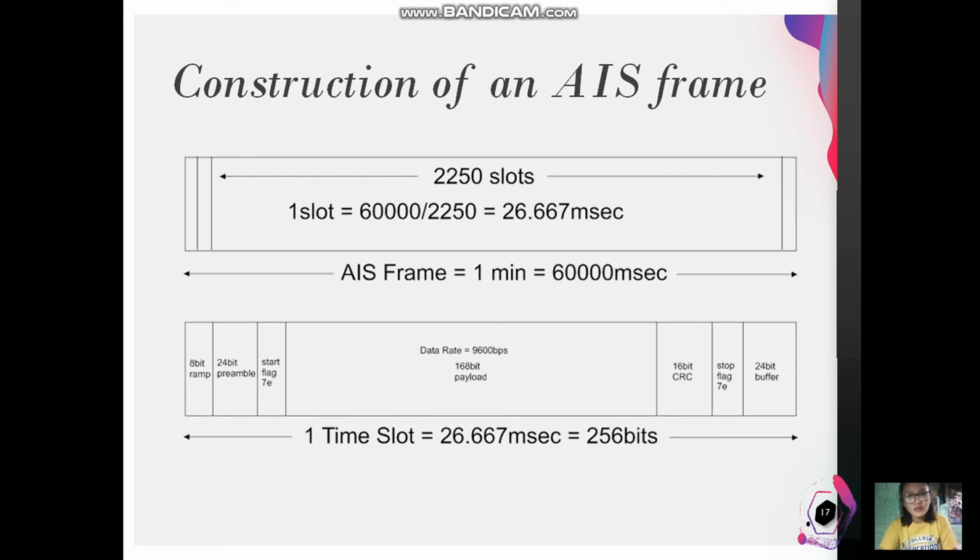Now, the construction of an AIS frame: there are 2,250 slots within a 1-minute time frame, which means 26.667 milliseconds per slot. Each slot consists of 256 bits with a payload of 168 bits, and HDLC NRZI coding is used with an inversion on a 0.